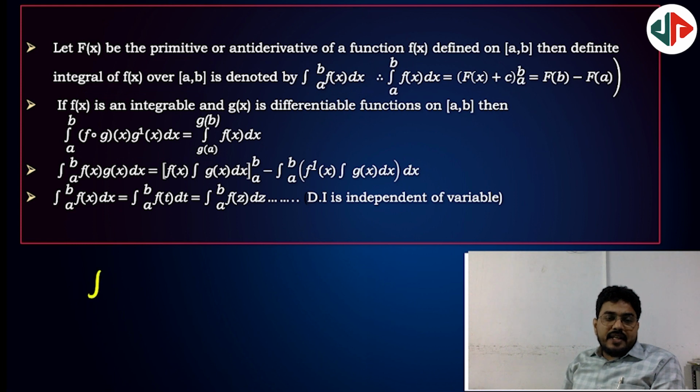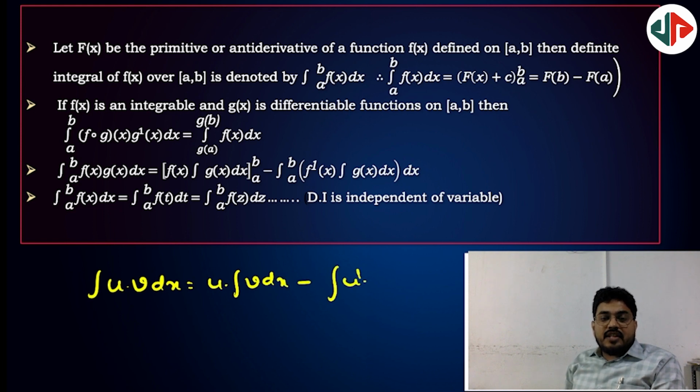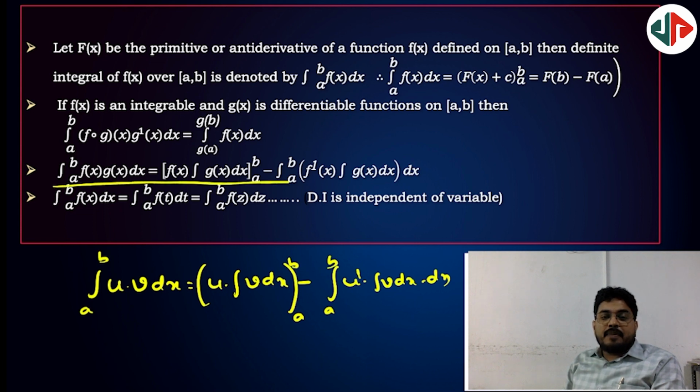What is integral u into v dx? First function into integral of second function, minus integral of derivative of first function into integral of second function. So you have to apply the limit a to b after finding this integration. So that is the thing when the by parts is there.